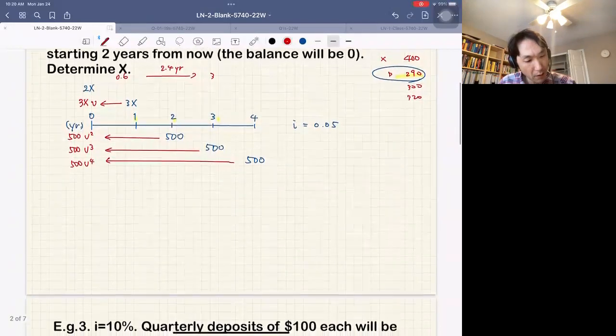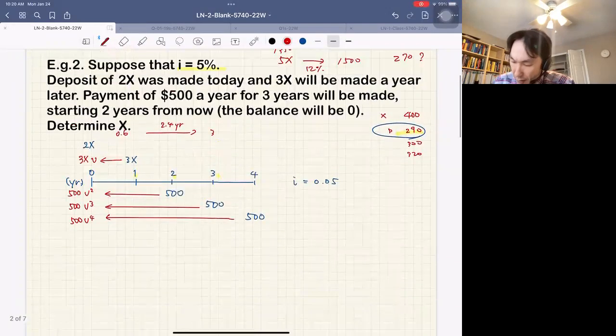Okay. So what is v? v is 1 over 1.05. So it's a little more than 0.95. So this is actually 0.9524.